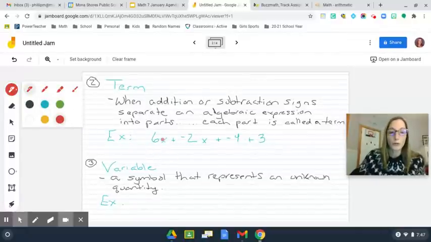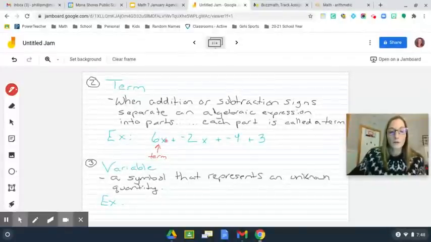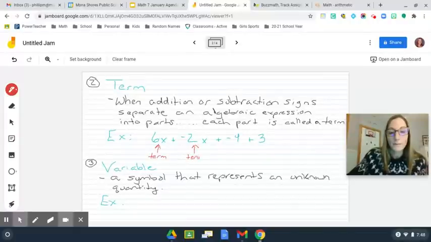A term: add or subtract signs have to separate each term. This right here, this 6x, is a term. There's an addition sign separating. The next term you see here is negative 2x. An addition sign is separating.